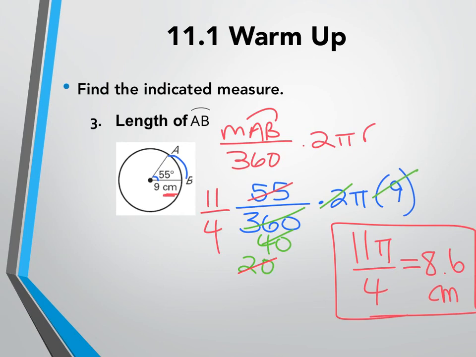Alejandro. Isn't there a second formula you could use to find the length of an arc? I mean, just 2 pi r can be substituted in as pi d. But wasn't there one on the keynote that was length of arc over 2 pi r equals the measure of the arc over 360?